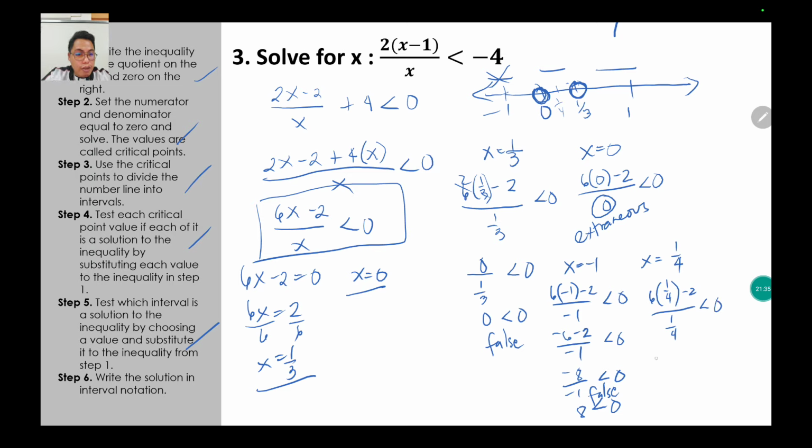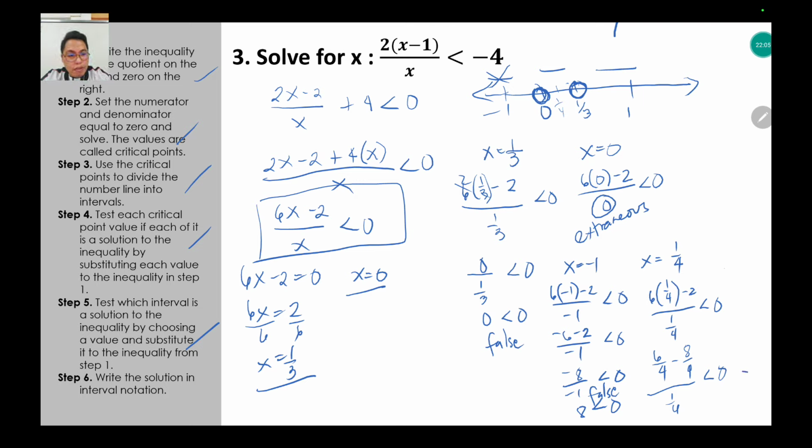So nakita natin to. 6 over 4 minus 2, yung ating 2 ay 8 over 4 na siya in fraction, over 1/4 less than 0. So ano na to? Negative 2/4 or negative 1/2. So 6 minus 8 is negative 2/4.